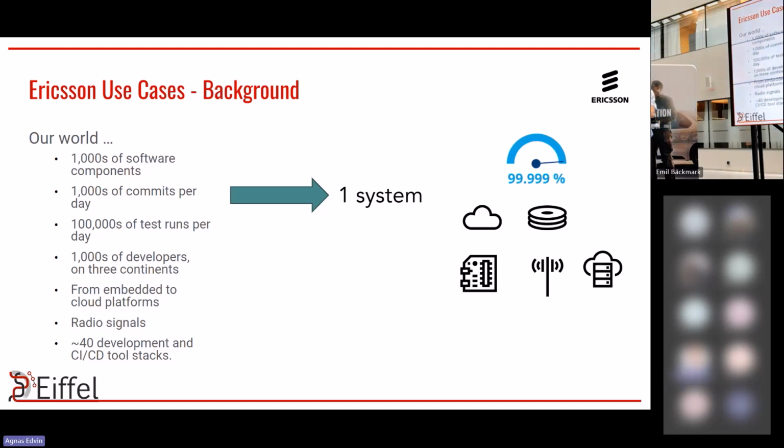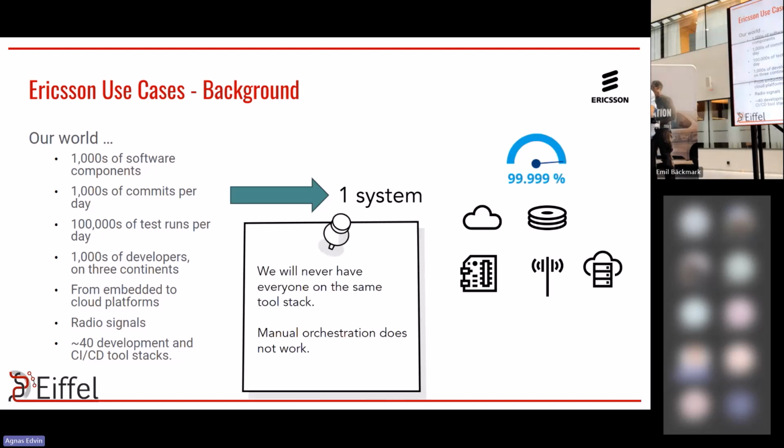But all of this should result in one system, one solution delivered to the customer. And that solution should have high availability, with the 5 nines. It should be possible to deploy on cloud or on-prem on your own hardware, with our own circuit boards rather, still working with the physical radio.